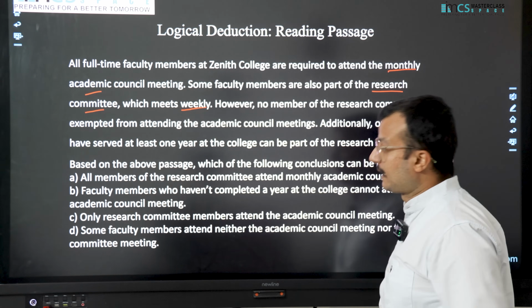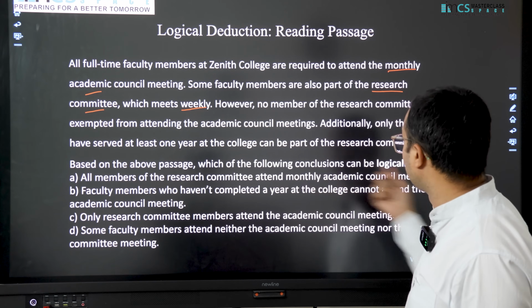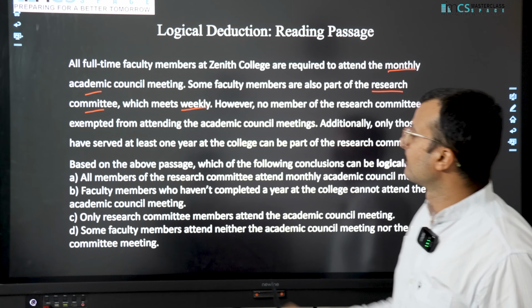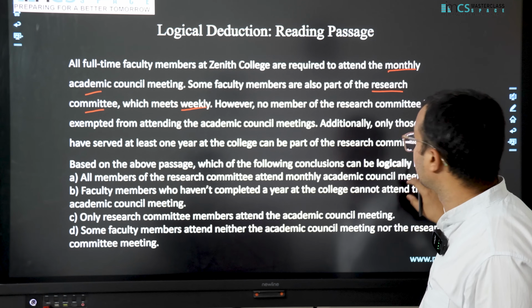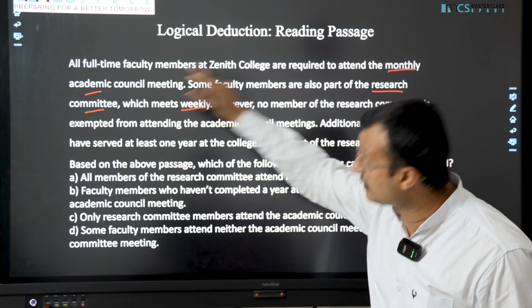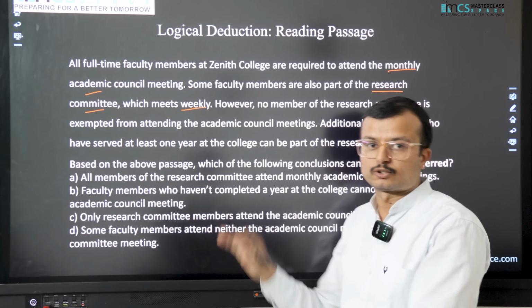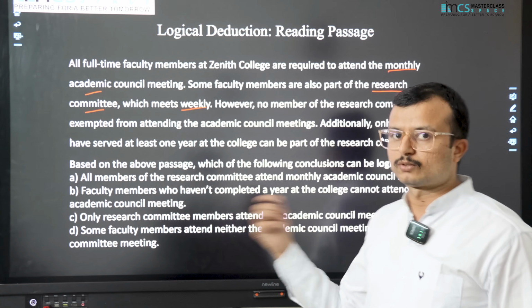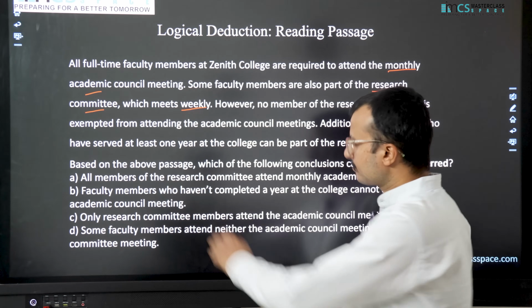What kind of questions would be asked, my friend? They will ask, based on the above passage, which of the following conclusions can be logically inferred? All members of the research committee attend the monthly academic council meeting. Yes, in the first line you got that answer, but do not skip the other options. Always go through them so that if you are making a fallacy, at least you can get aware.